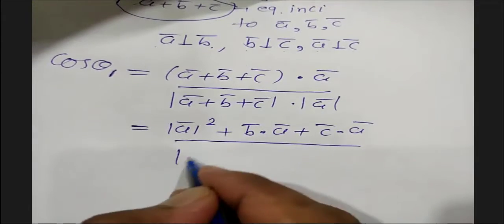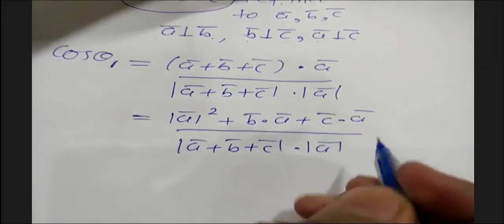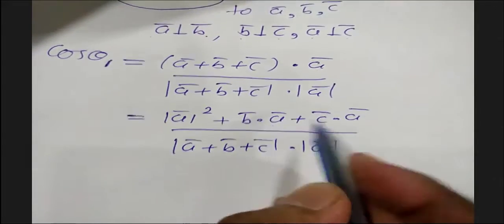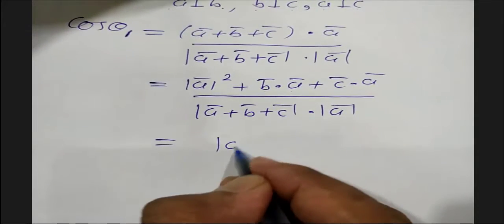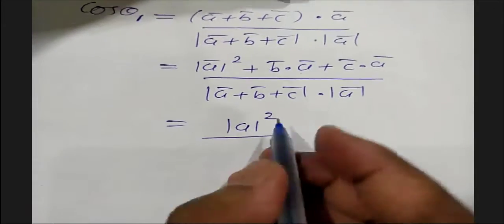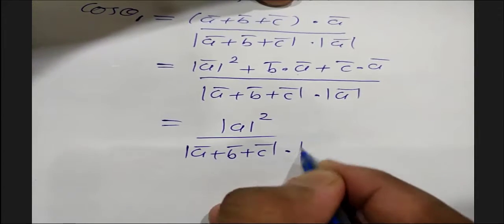As we know, B bar dot A bar is 0 because they are perpendicular to each other, so we have magnitude of A bar squared upon magnitude of (A bar plus B bar plus C bar) into magnitude of A bar.